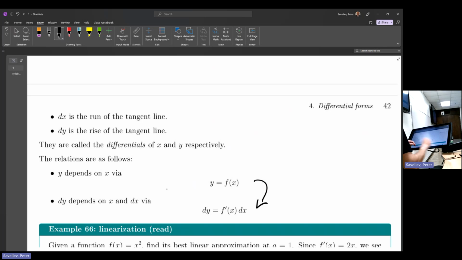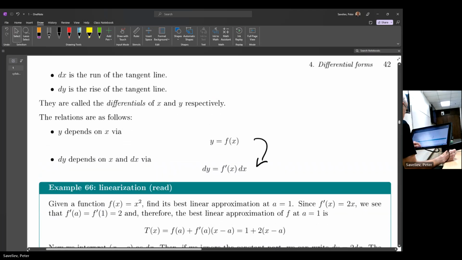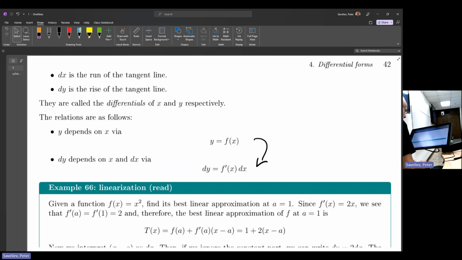Okay, so linearization. Let's quickly run over it, because linearization is such an important topic in calculus. After calculus 1 and 2, you should be pretty well familiar with that idea, and it comes up throughout differential equations.